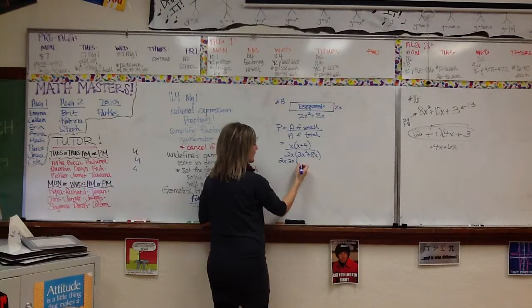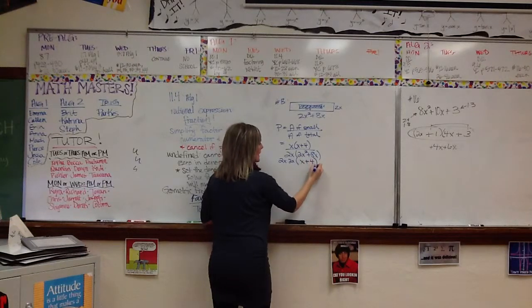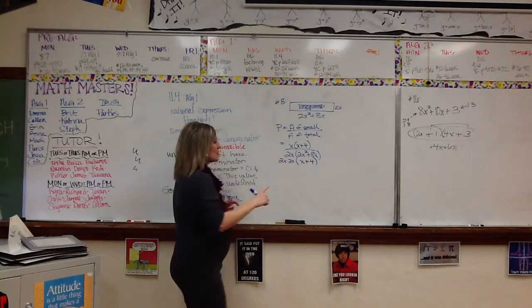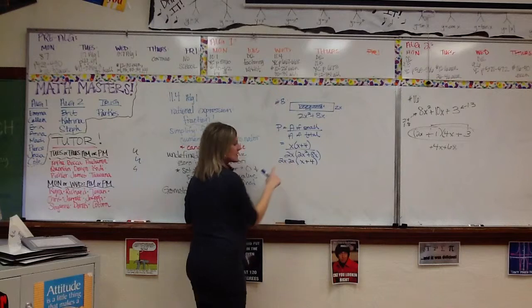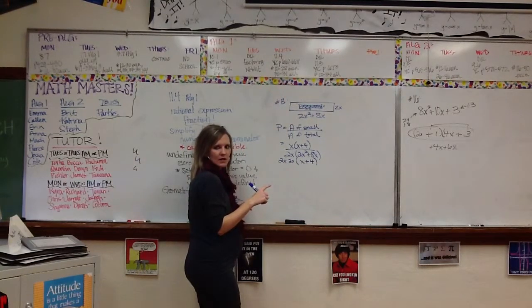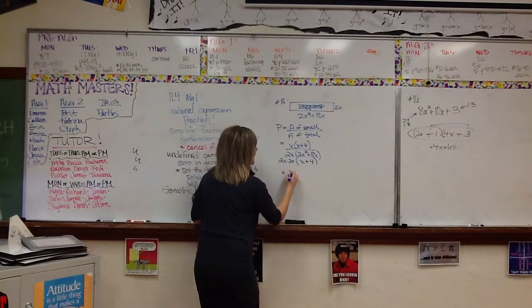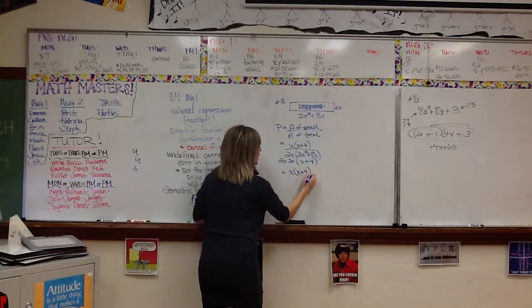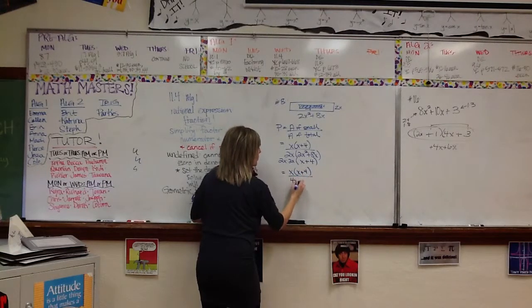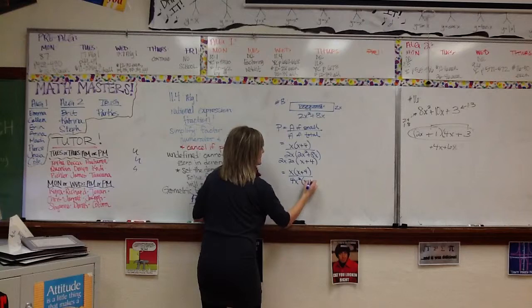Emma? x + 4. Very good. And then I could clean this up because Casey, 2x times 2x is 4x squared. So I have x times (x + 4) over 4x² times (x + 4).